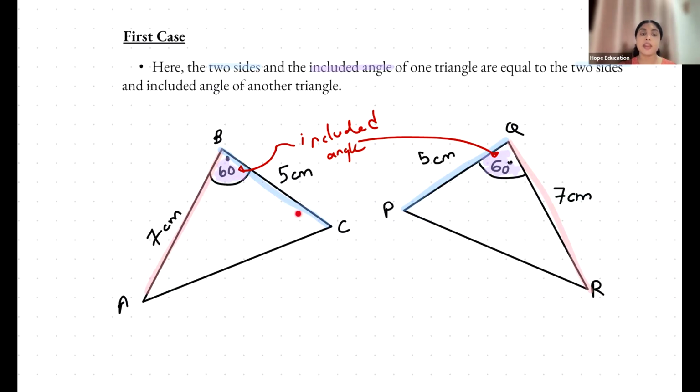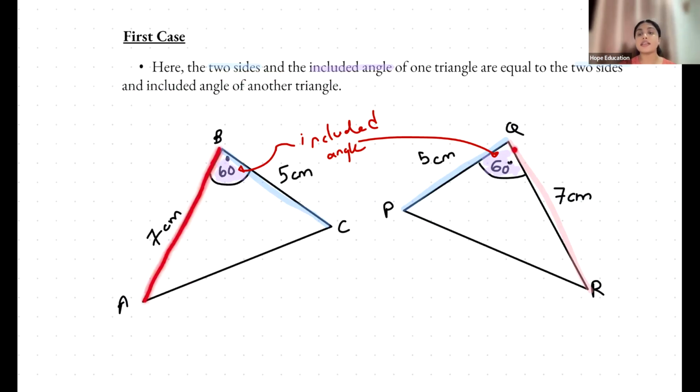Okay. You have two triangles. Two sides and the included angle of one triangle are equal to two sides and the included angle of another triangle. That means now our two triangles are ABC and PQR. Here the side AB is 7 centimeters.